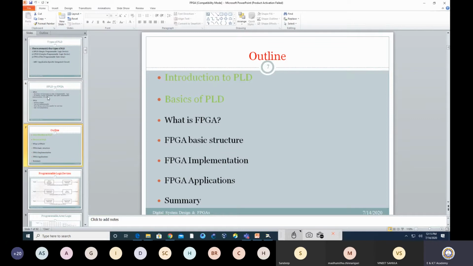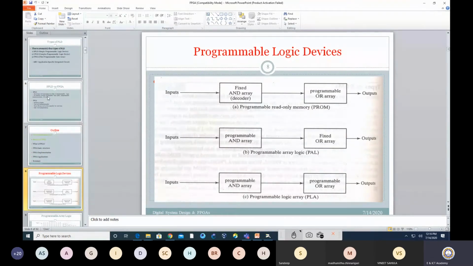Now, what is the basic of the PLD? That is the SPLD family. When we talk about the SPLD family, there are three kinds of SPLD families. They depend upon how much programmability you have in terms of the AND and OR array.